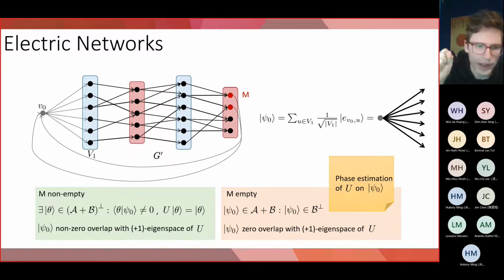So I can have a vector in A, a vector in B, or a vector that's both in A and B. So either theta is in the orthogonal complement of the span of A and B, or in the other case, we have that psi0 is actually in the span of A and B, and also that psi0 is not in B.